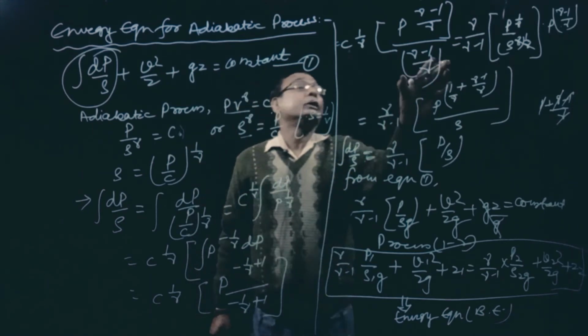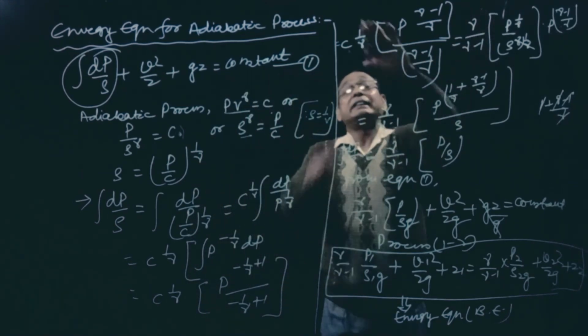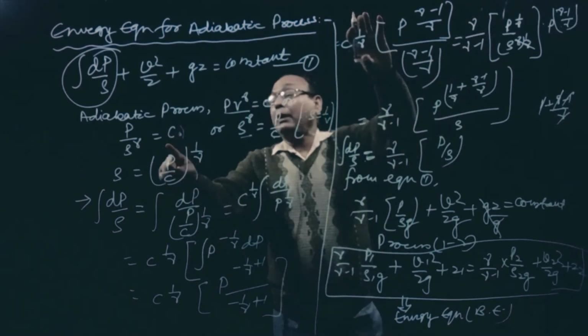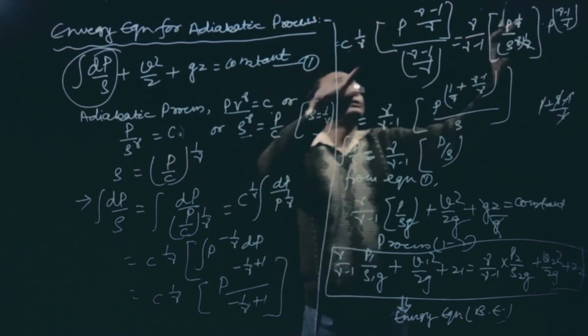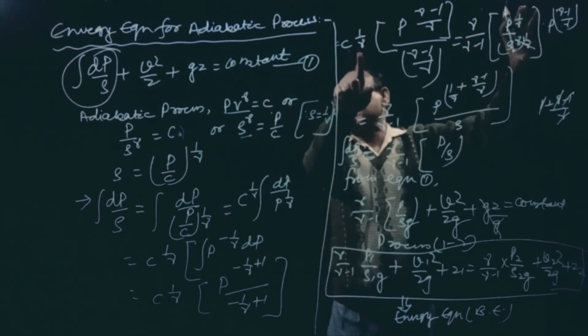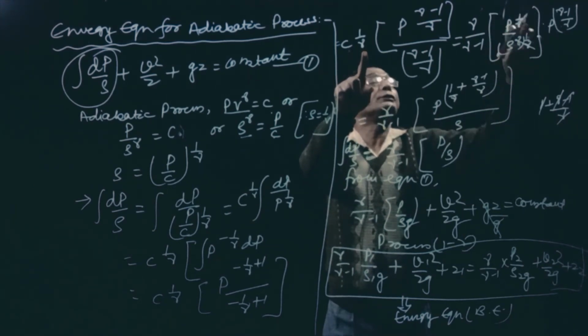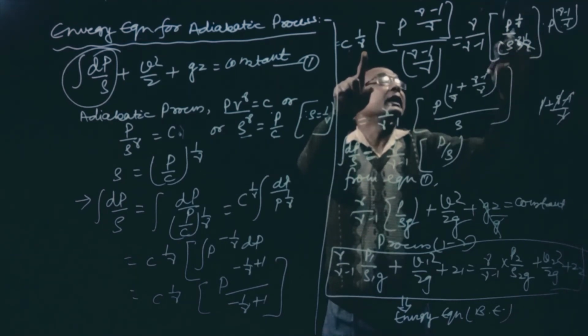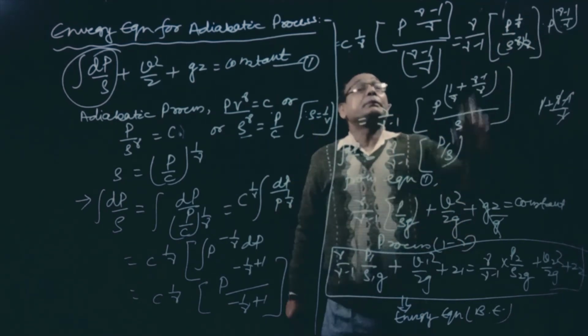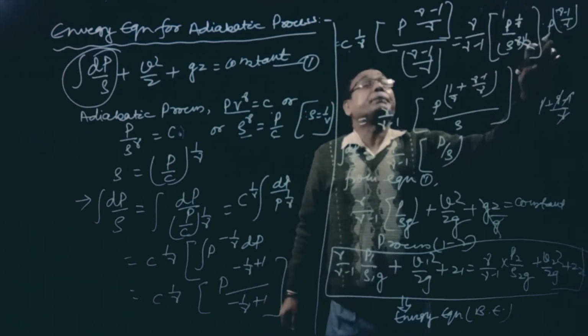So this will go in numerator that I have taken here, and C is nothing but, see here, p by rho to the power gamma. So it is p by rho to the power gamma, and all this to the power 1 by gamma, and this gamma and 1 by gamma will get cancelled. But remember, in numerator we also have p to the power gamma minus 1 by gamma.